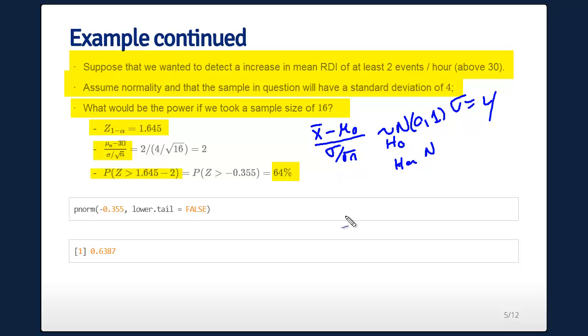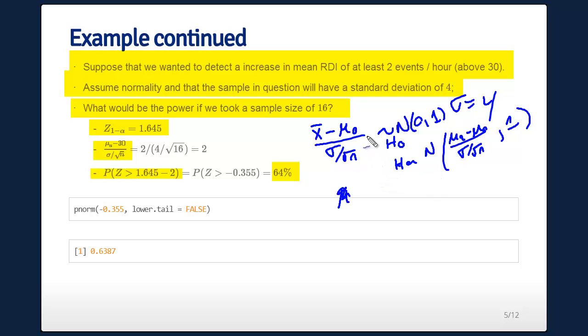If we take its expected value, it's clear that the expected value is going to be mu A minus mu naught over sigma over square root n, and its variance is still going to be 1. So you could equivalently do these calculations, and I think you'll see that they would be the same.